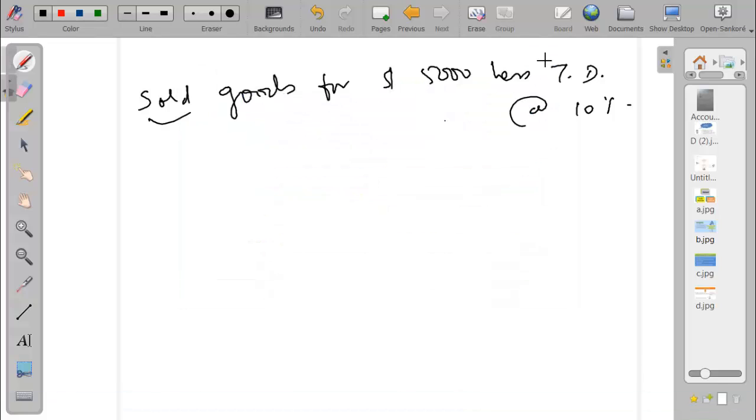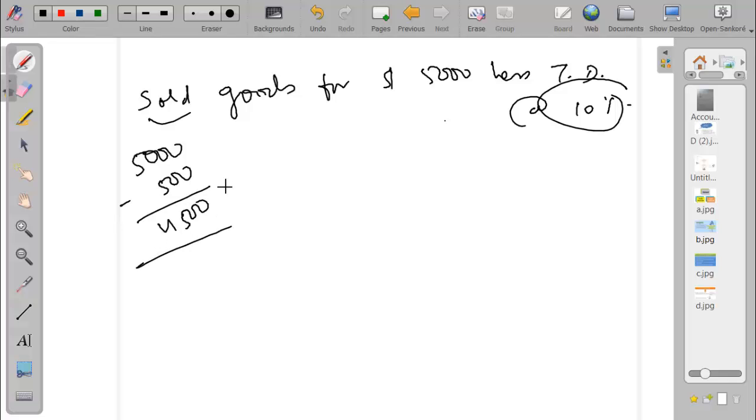And how much trade discount are we offering him? Less 10%. So first we will write 5,000 and less 10%. How much? 500. So what is the net amount? 4,500. And with this amount we will record this transaction.